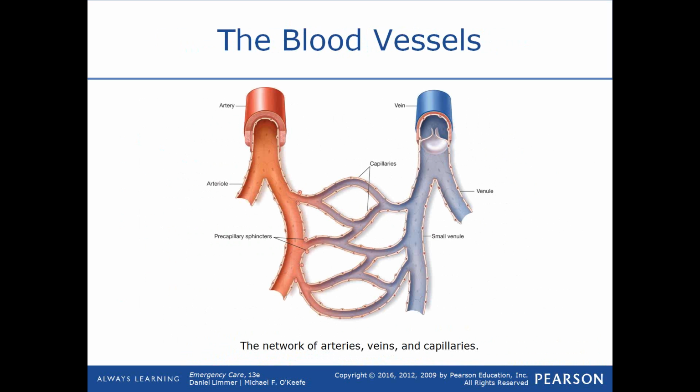Veins have one-way valves in them to prevent the blood from flowing backwards when the heart pauses, to allow the ventricles to fill. Both veins and arteries can dilate or constrict in order to raise the pressure in the system.